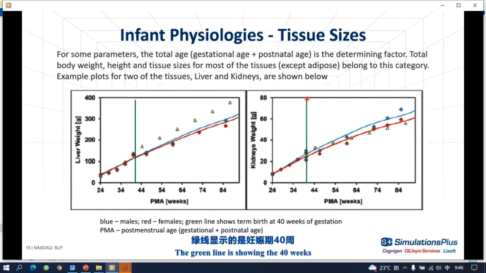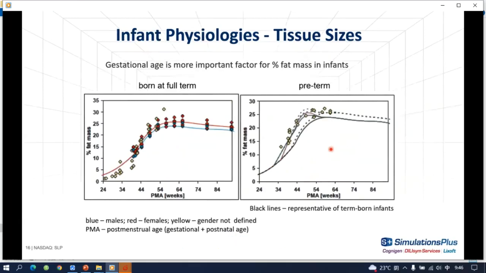The green line is showing the 40 weeks of gestation. So these are shown as a function of postmenstrual age, so accounting for gestational and postnatal age. And you can see that for many of these, it's a smooth transition going from fetus into child, the tissue just continues growing. But it's not the case for every tissue and every physiological parameter.